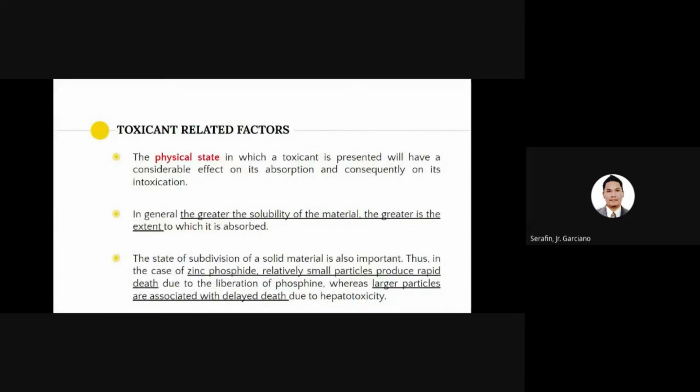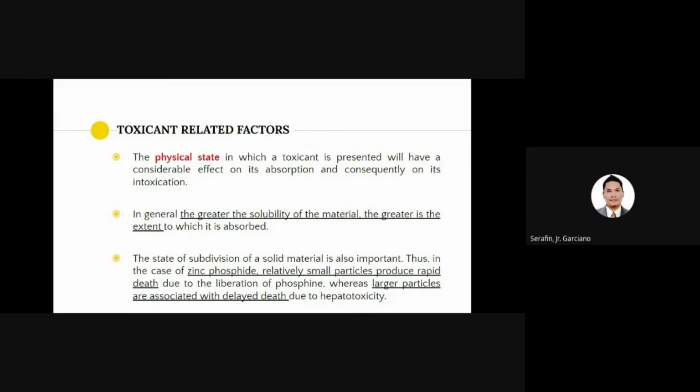In toxicant-related factors, the most important is the physical state. The physical state in which a toxicant is presented will have a considerable effect on its absorption and consequently on its intoxication. If there is good absorption, there will also be good intoxication when the toxicant is presented to the animal.